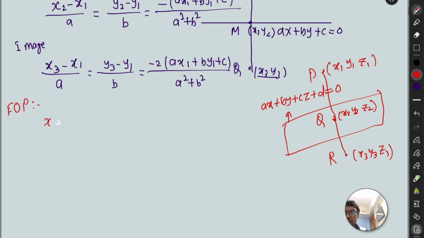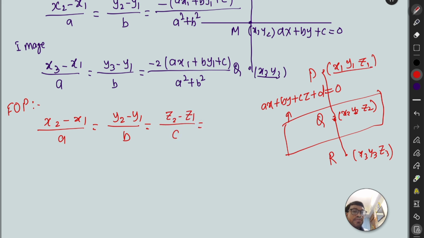So how we can find it: the same concept goes as we used in the line for foot of perpendicular. It's (x2 minus x1) by a, (y2 minus y1) by b. Here we will add (z2 minus z1) by c equal to the same.